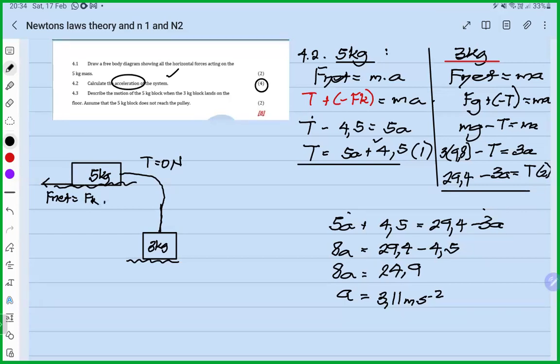And it would actually slow down and come to rest on the top. So for 4.3, the 5 kilogram slows down. It comes to rest.